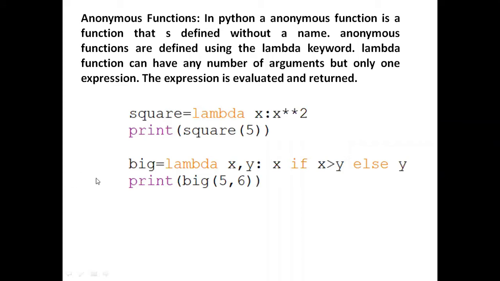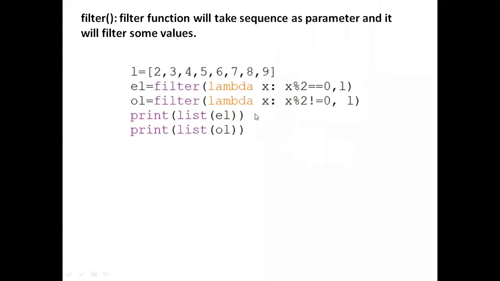Last class we discussed the lambda function. Now the filter function. What is the use of the filter function? The filter function takes a sequence as a parameter and filters some values based on a condition. If you observe here, L equals 2, 3, 4, 5, 6, 7, 8, 9.